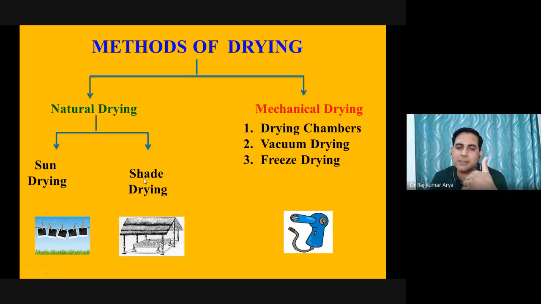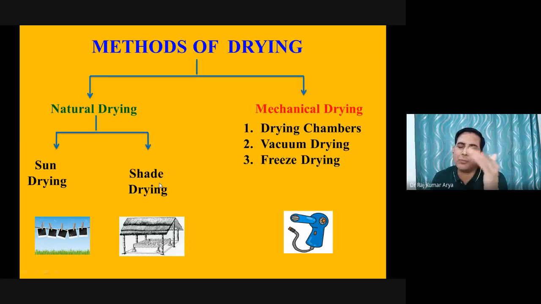If you give direct sun heating, due to the UV rays or the high intensity of the light, that can fade the color on the top surface. Sometimes cross-linking can also happen. So open sun drying is not allowed for some materials. You go for shade drying if you want to retain your color.